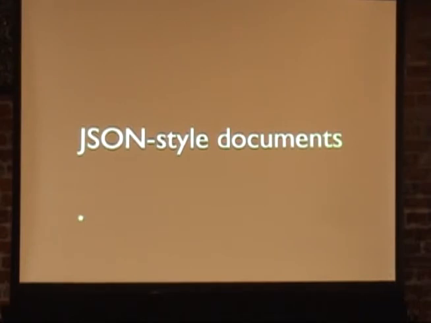As a quick intro to MongoDB, again, sorry if this is repetition for those of you who were here earlier. I'll talk about some of the features that I think may be unique. The first is that we use JSON-style documents. I say JSON-style because we support a couple of additional data types on top of JSON, like dates, for example, which tend to be important in a database and aren't really part of the JSON spec.